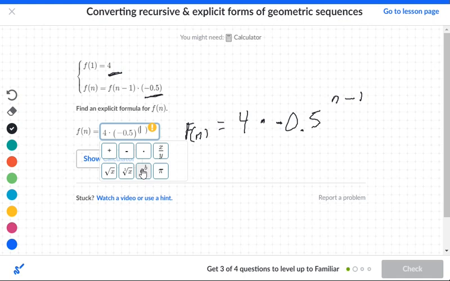So use the parentheses here, and let's go n minus 1. So n minus 1. Remember, you want to use parentheses around the second number, and you want to use parentheses around the n minus 1 because it keeps everything as an exponent. And like I say, for some strange reason, Khan Academy, they need the parentheses here because they are going to mark it wrong.